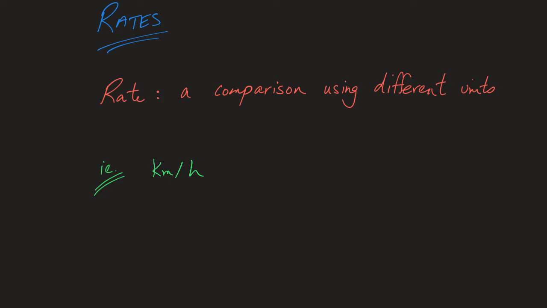I also want to remind you that what that actually represents is kilometers divided by hours. That word per, that we say when we read a rate out loud, actually means division.